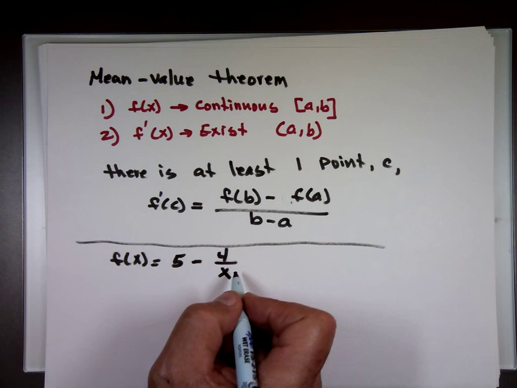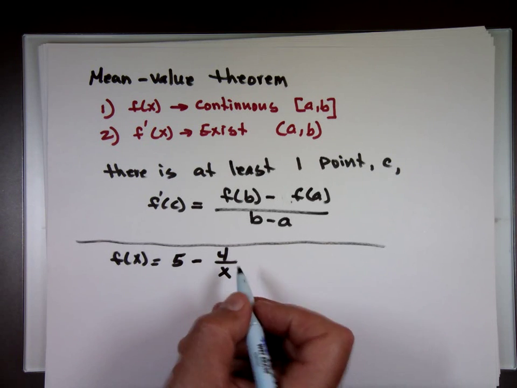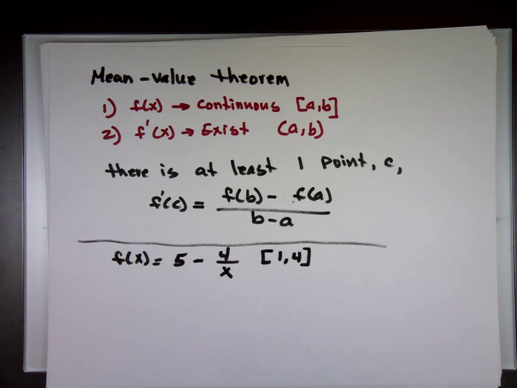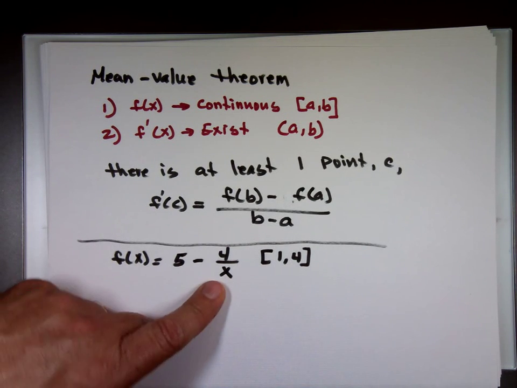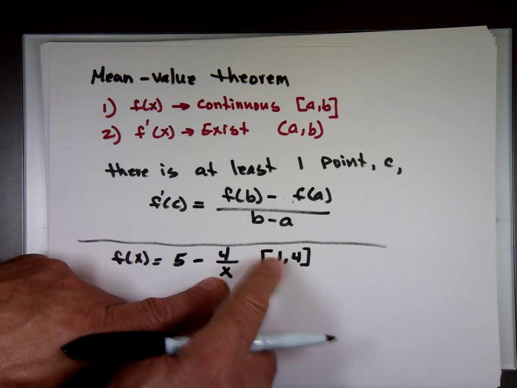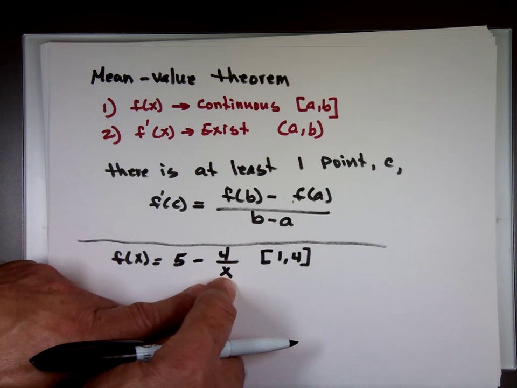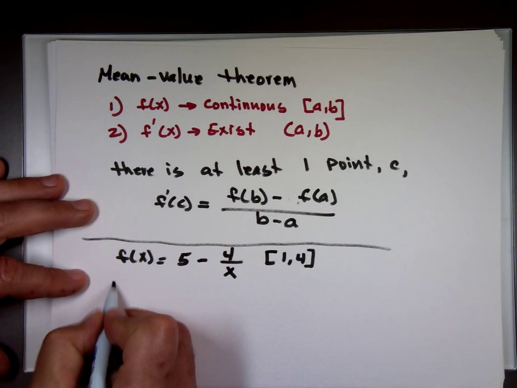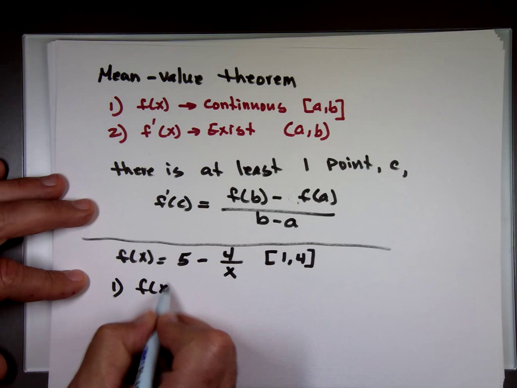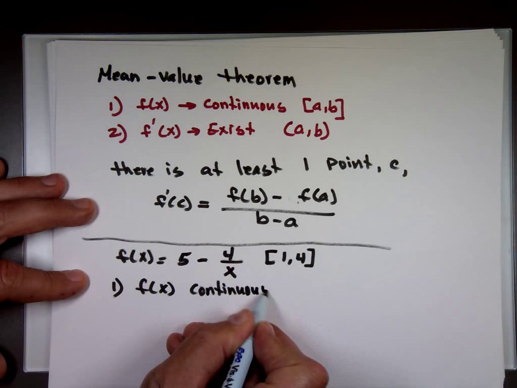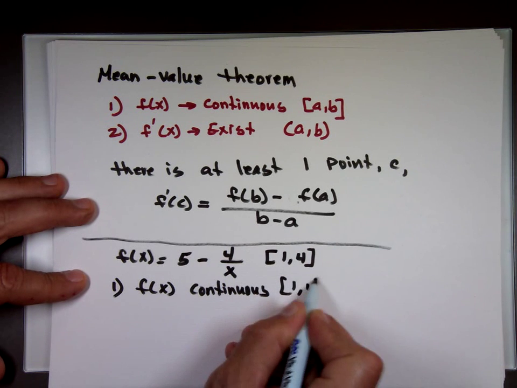They're talking about the interval from 1 to 4. This function is undefined where? At 0. We don't care about this. I'm starting from 1 to 4. So from 1 to 4, this function is continuous. So is the first one, f of x, continuous from 1 to 4? Yes.